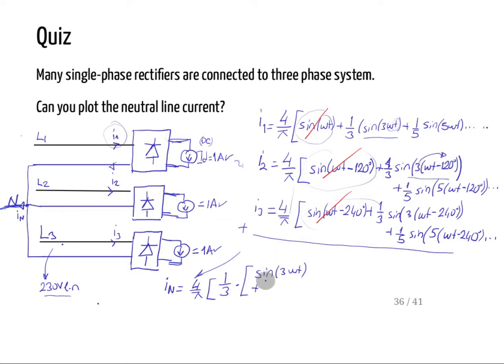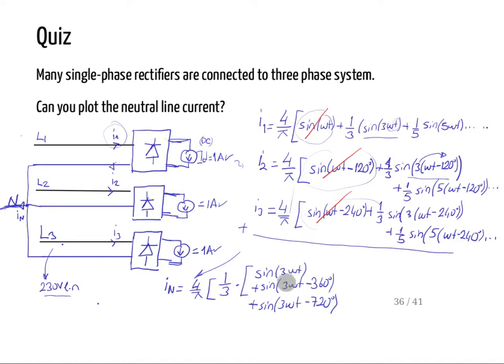So it becomes sine 3 omega t minus 360 degrees. Of course, maybe I should write it as minus 2 pi, but it's the same thing. And then the last one, 3 omega t times 3 times 240, so that is plus sine 3 omega t minus 720 degrees, right?